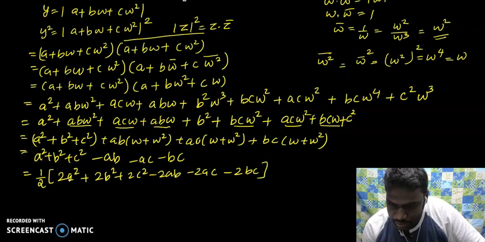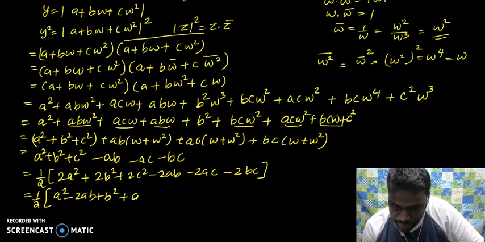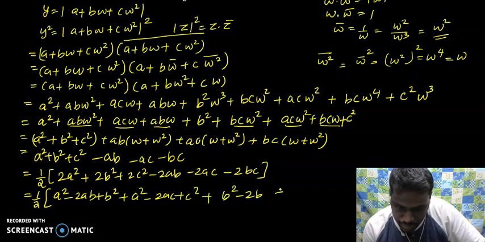Splitting 2a squared into a squared plus a squared, 2b squared into b squared plus b squared, and 2c squared into c squared plus c squared, and rearranging, we get 1 by 2 into a squared minus 2ab plus b squared plus a squared minus 2ac plus c squared plus b squared minus 2bc plus c squared.